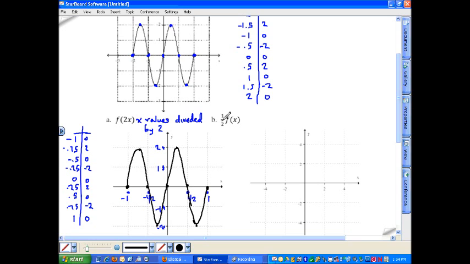Now for part B, this transformation here occurs outside of the function. Those transformations affect y values. Since it's not inside of a function, we don't have to do any opposite operations here. What this is saying is take 1/2 of the f of x values. The f of x values are the same as the y values. So 1/2 of the y values. So do that and make a new chart.